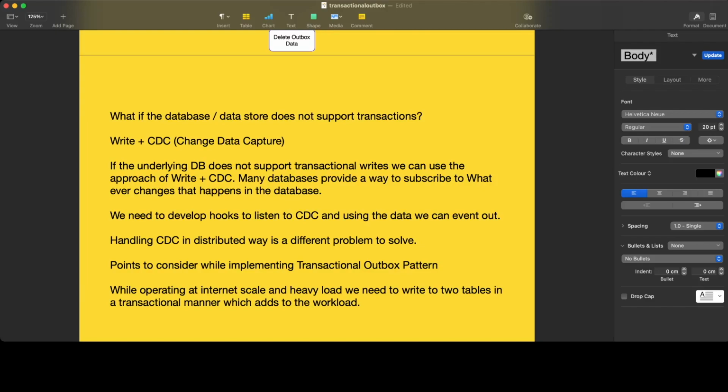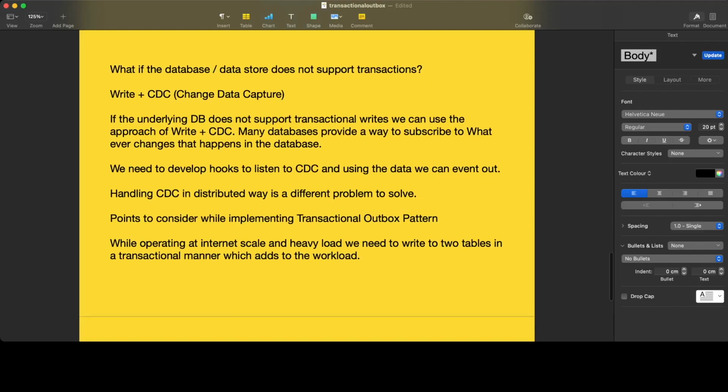If it is an insertion, it will say there is no previous state and this is the change, along with all the other metadata as well. So we need to listen to the change emitted by the underlying system, take the data, and event it out. So this is called change data capture.